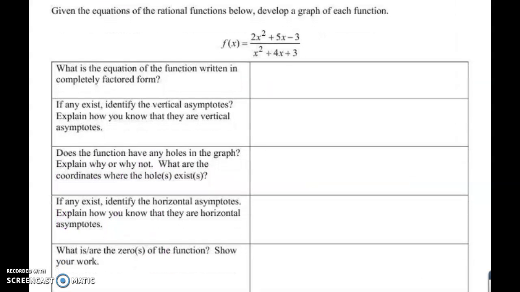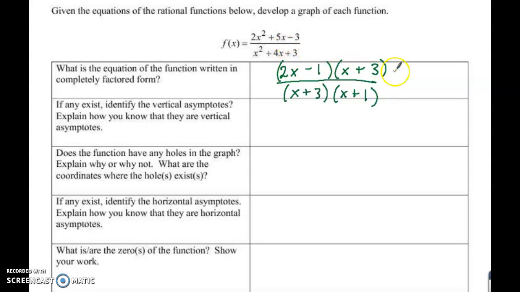So here's more practice of factoring things out. Where's the asymptotes? Where's everything? And again, I would encourage you to try this on your own before you just get the answer. The bottom's easy to factor, x plus 3, x plus 1. As I'm looking at this, I would make this plus 3 and minus 1.